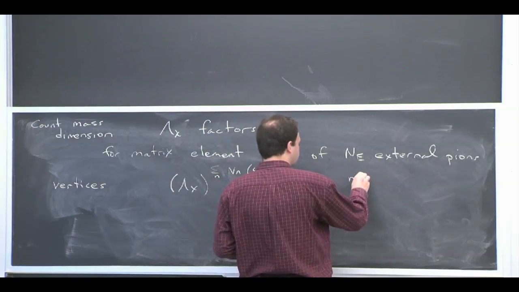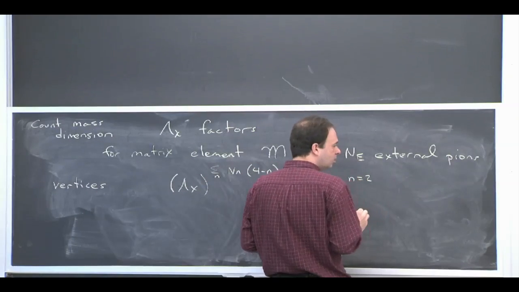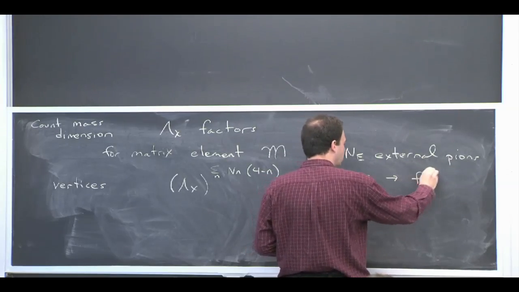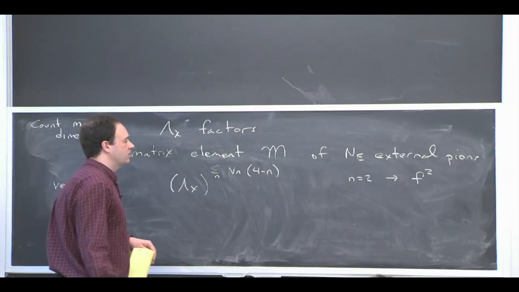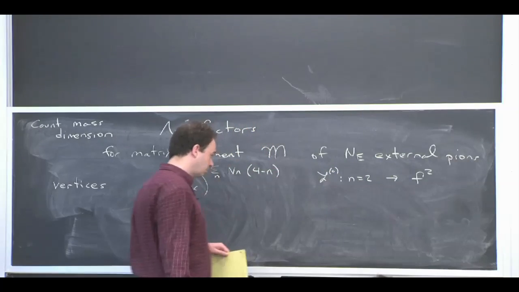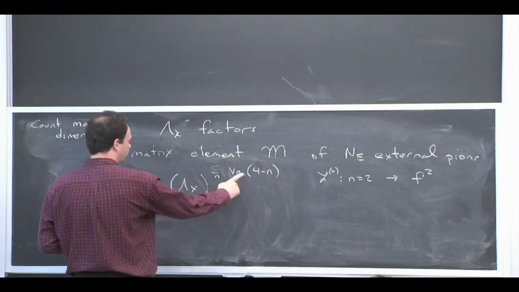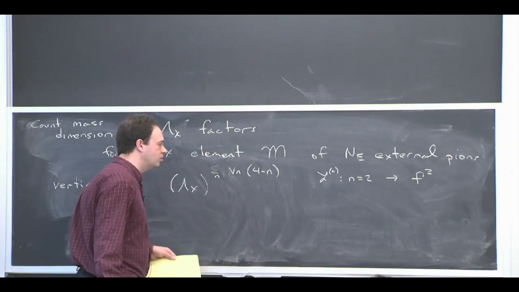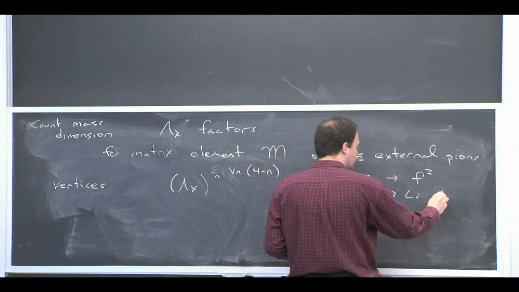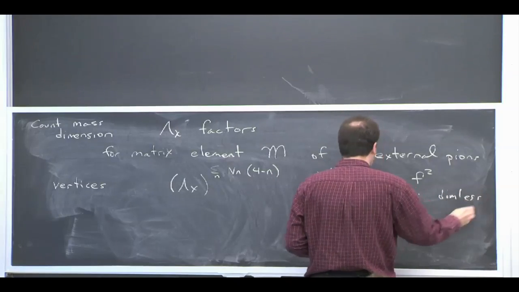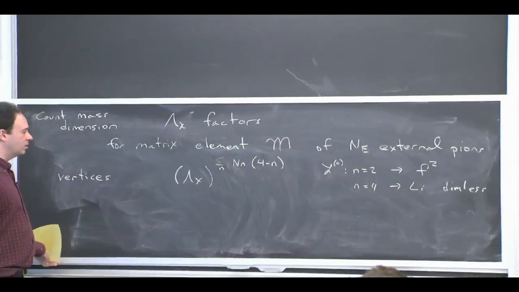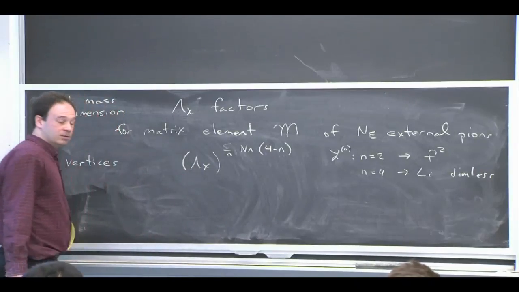So for n equals 2, which is the leading order here, leading order was p squared. I said that not quite right a minute ago. So lowest order is p squared, n equals 2. That's L0. And that had an f squared, and that comes out if I just have 4 minus 2, that's 2. N equals 4. That was giving our LIs, which were dimensionless. Okay, so you can see the formula working. And if we went to higher orders in the derivative and chiral expansion, then we'd start getting lambda chi's in the denominator.